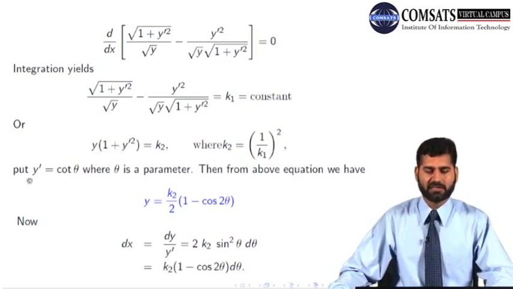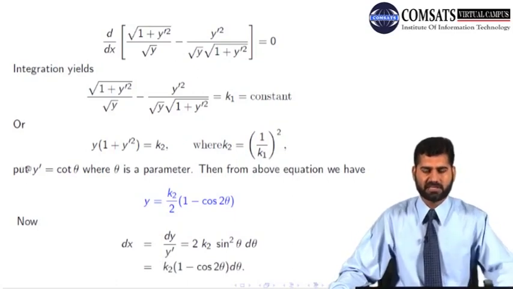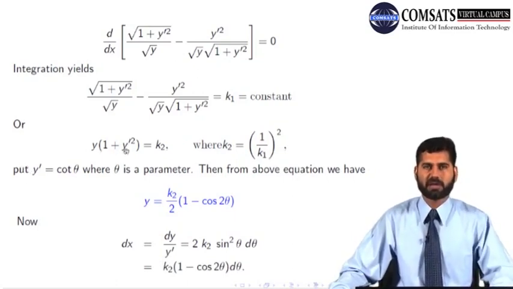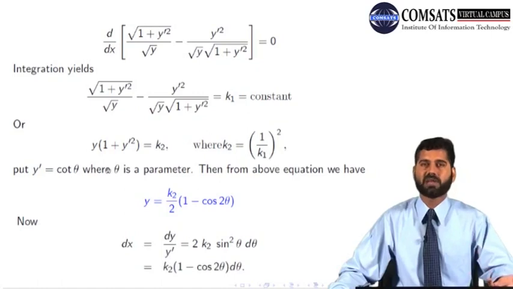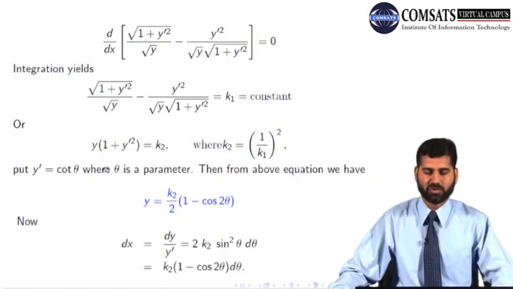So for our convenience, because both y and y prime are coming here and y prime has square, it's a non-linear equation, it's very difficult to solve. So we are assuming that, let's say y prime has this form cotangent theta, where theta is a parameter. So theta is another variable that will be unknown to you.